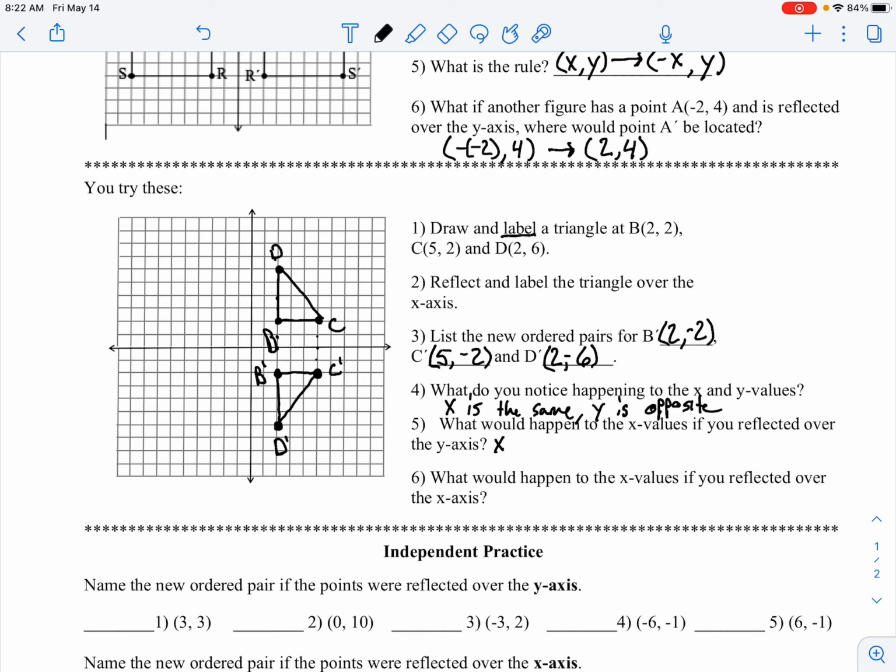So remember from up above, x would be opposite, y would be the same.